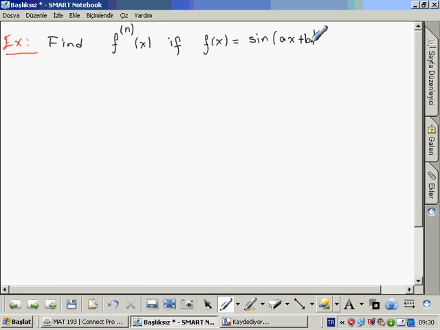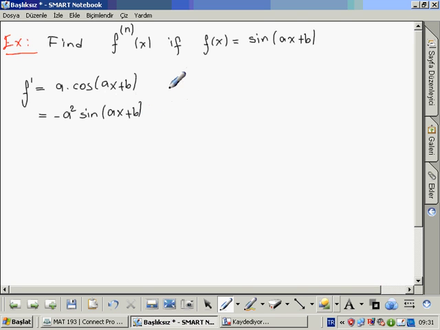Don't forget the chain rule for this trigonometric function. The f prime equals a times cosine of ax plus b, and after that, minus a squared sine of ax plus b.